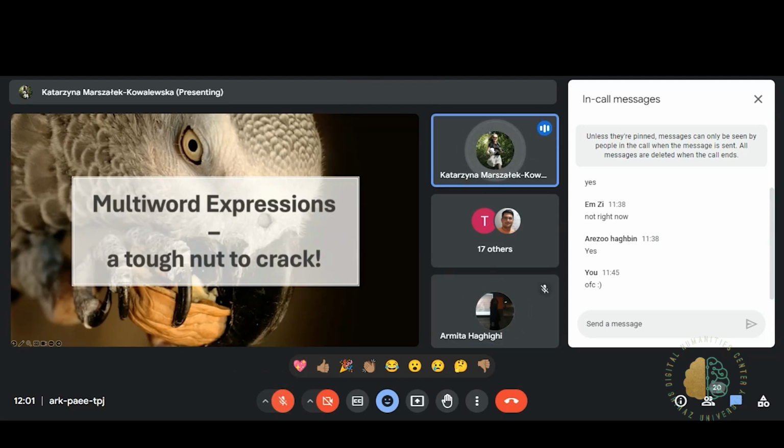So imagine language as a captivating puzzle, where individual words are like pieces, each with its own unique shape and meaning. Now we can picture multi-word expressions as combinations of these linguistic puzzle pieces, where the whole is greater than the sum of its parts.